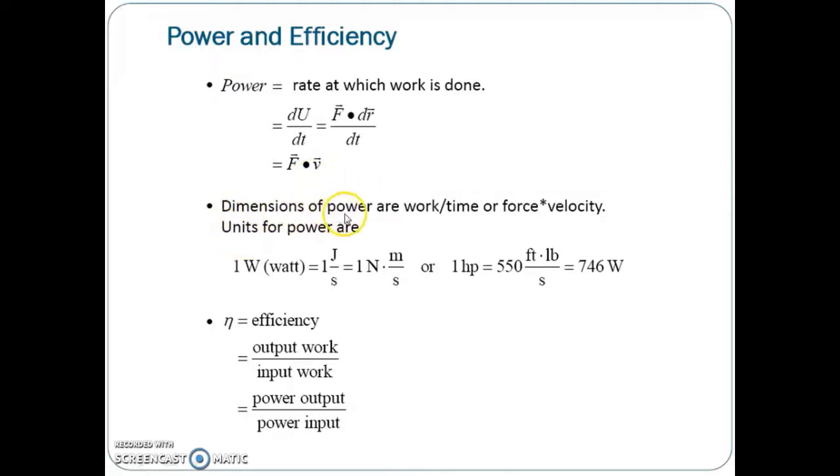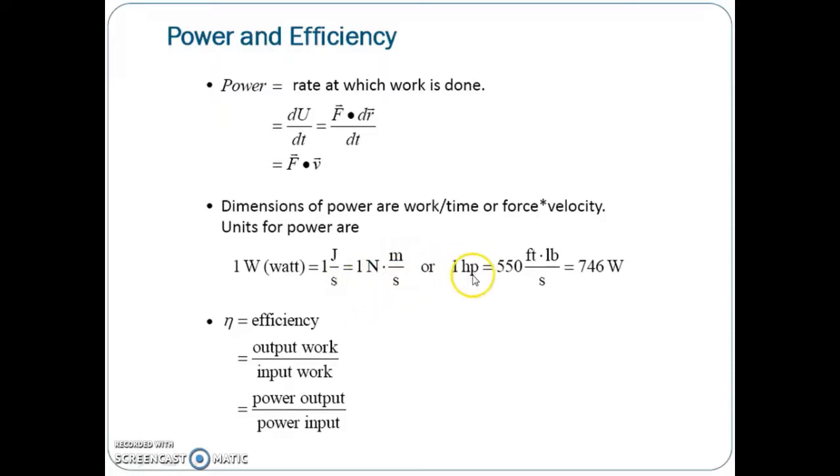The dimensions of power are work over time, or force times velocity. And the unit of power is the watt, equal to 1 joule per second, or 1 newton meter per second.